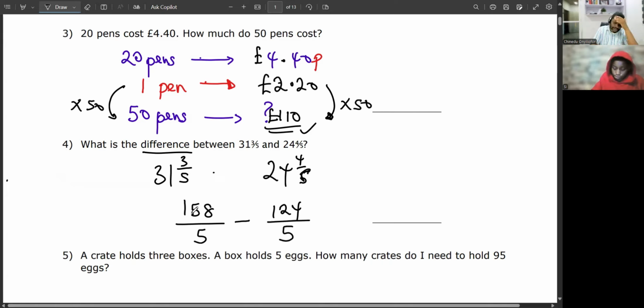Good. So now you have this and then this. And of course, you can see they have the same bottom number, right? So you take the same bottom number and subtract the top numbers, which gives 34 over 5.